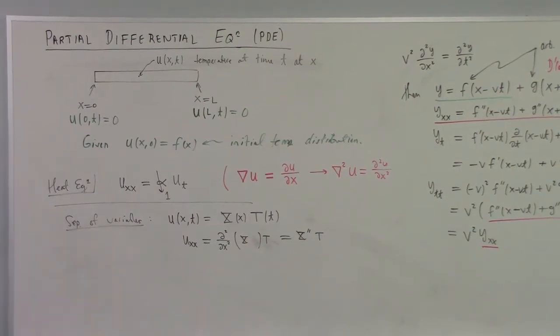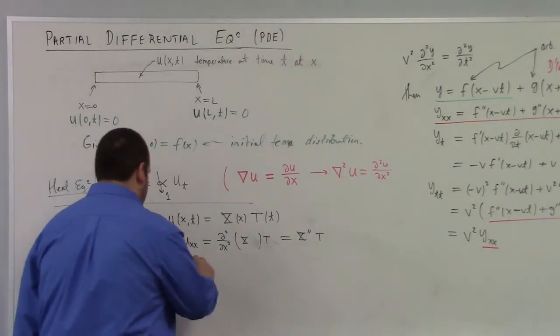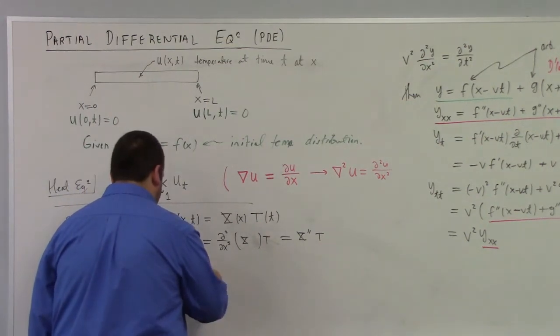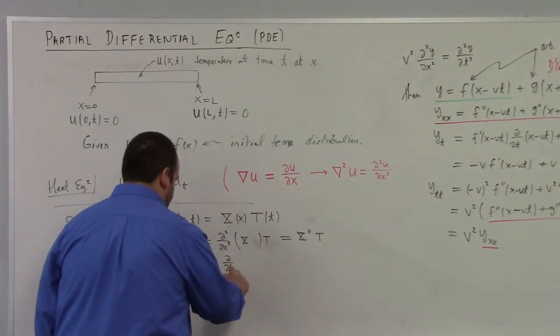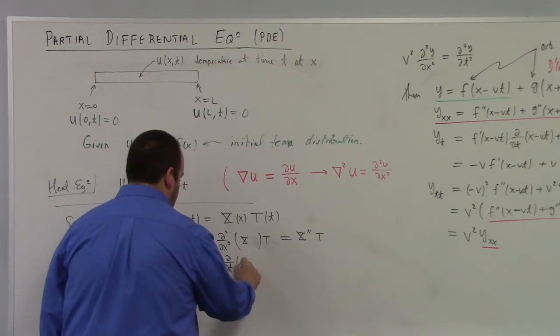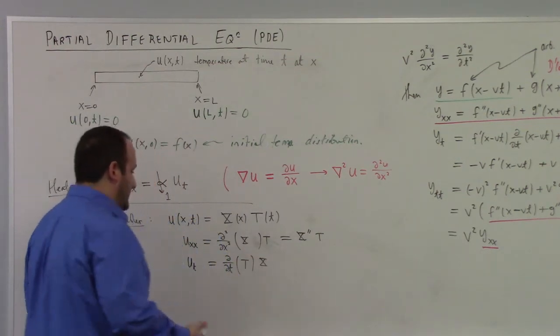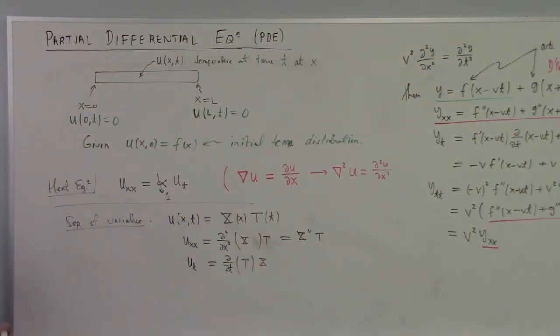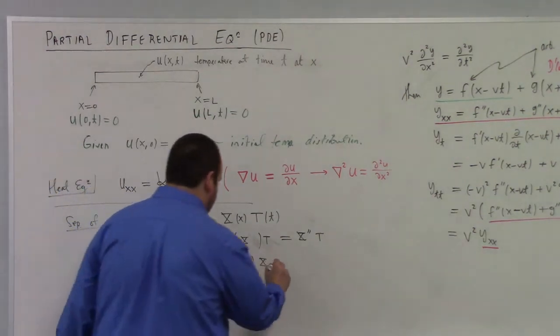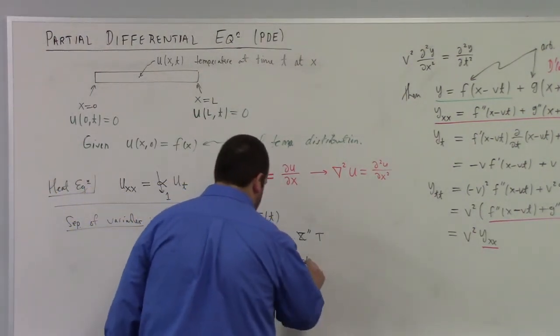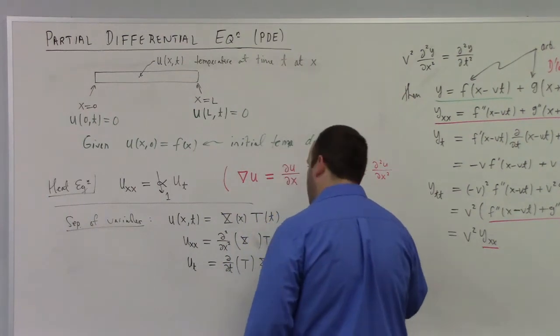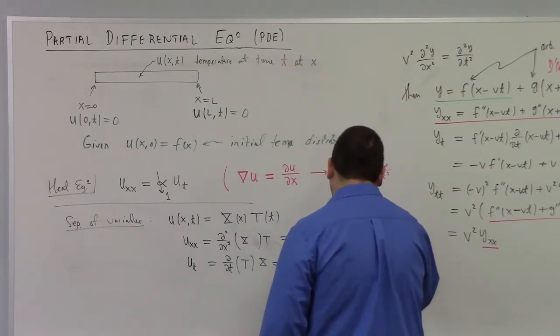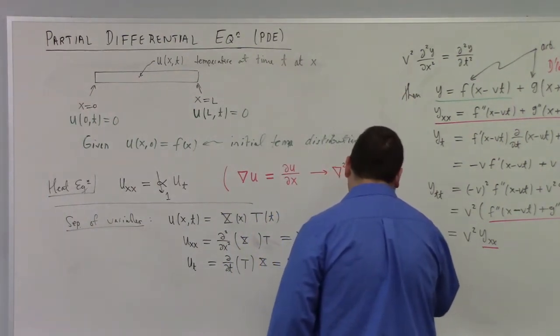On the other hand, u_t is partial t. Well, this time the X pulls out, because X has no t dependence. And so we just get X T prime. You put those things together, and that gives you X double prime T equals X T prime.